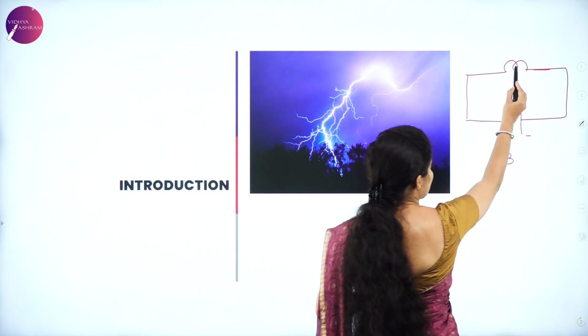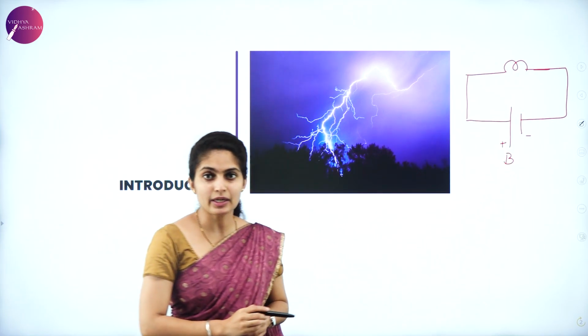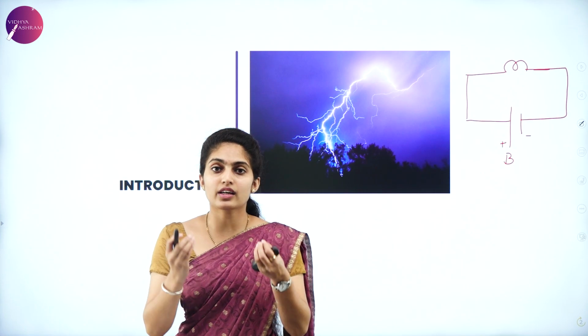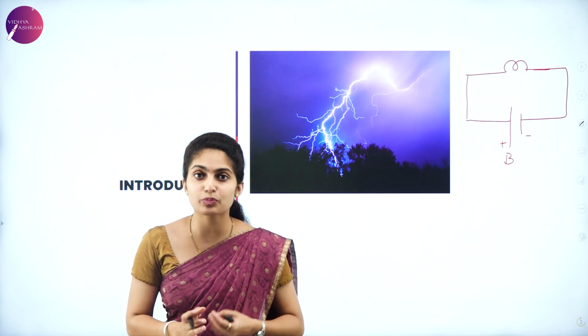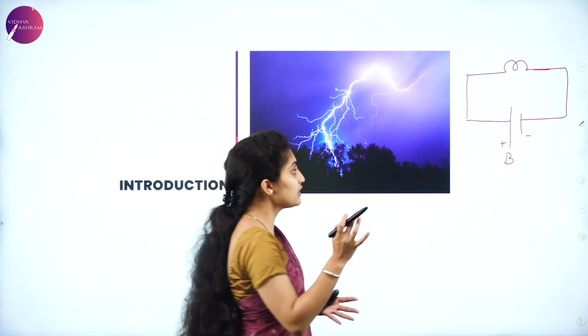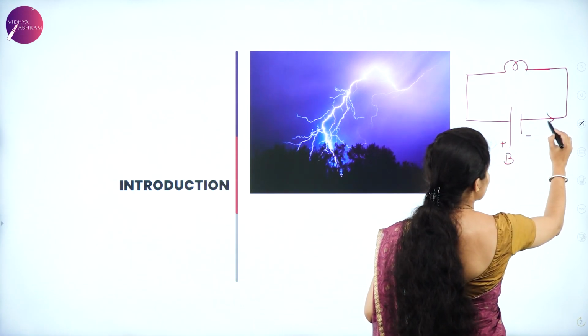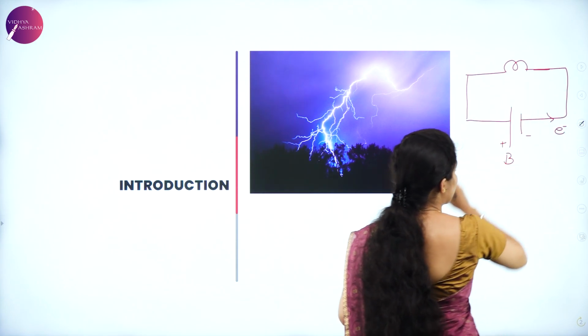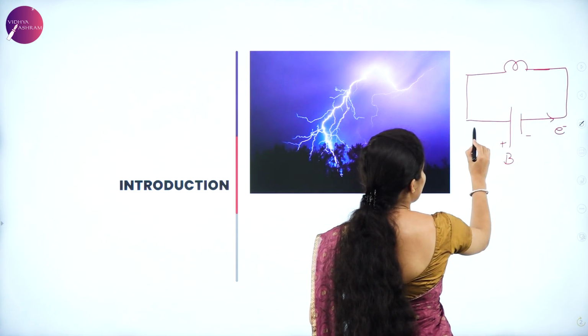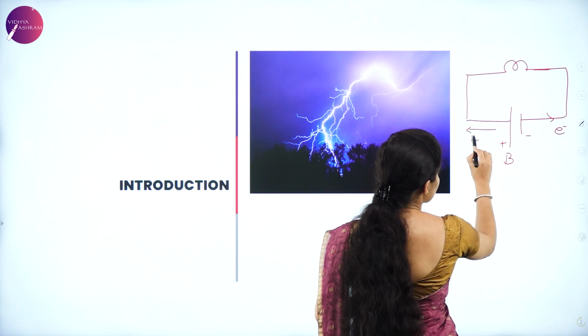The bulb representation is given in this manner. Now when the connection is done and the switch is on, the circuit is said to be in on condition. That means there is a flow of electrons in this position. The electrons flow in this direction, and the electric field is in this direction.